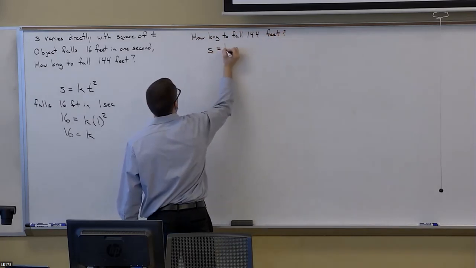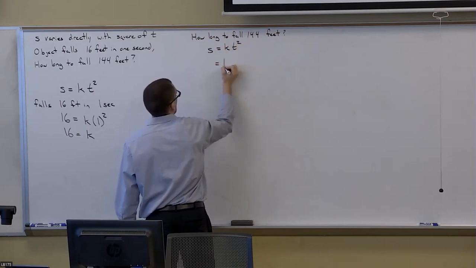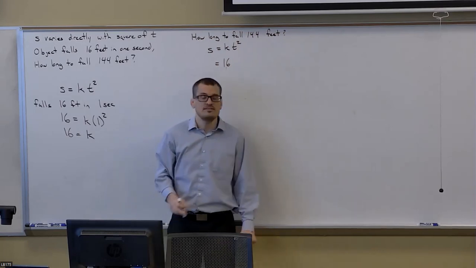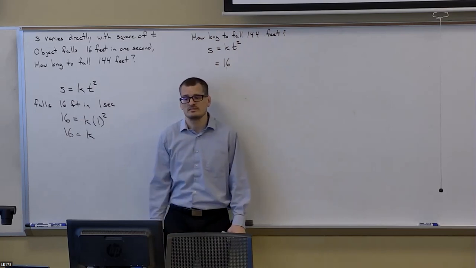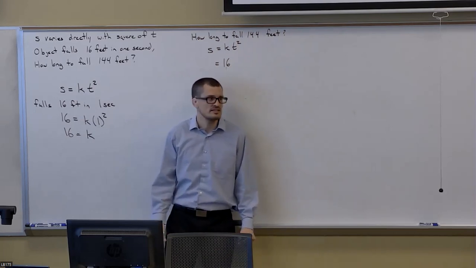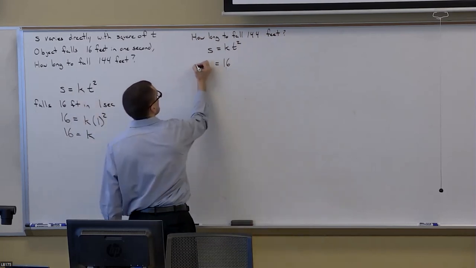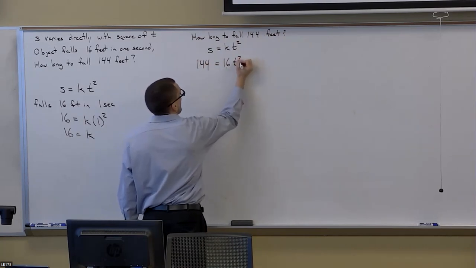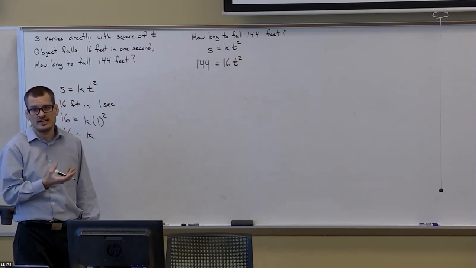S is equal to K times T squared. K we said is 16. Now that 144, is that the S or the T? S, in this case. 144 is the S. And so I need to solve this one for T.